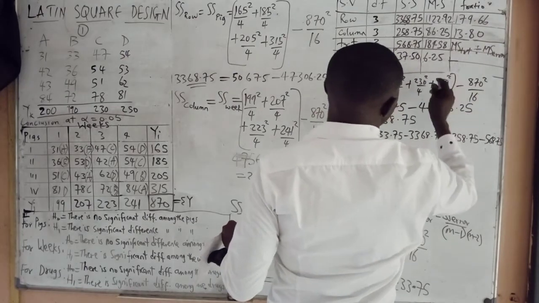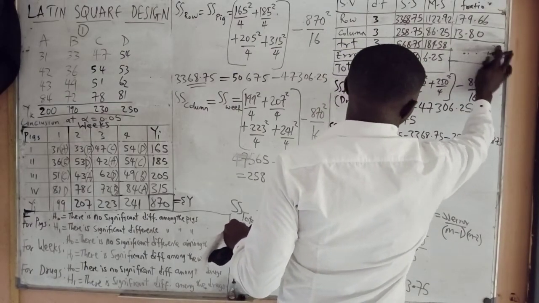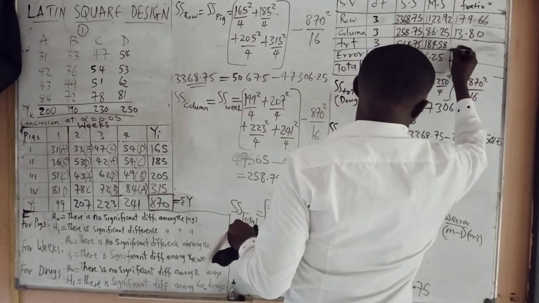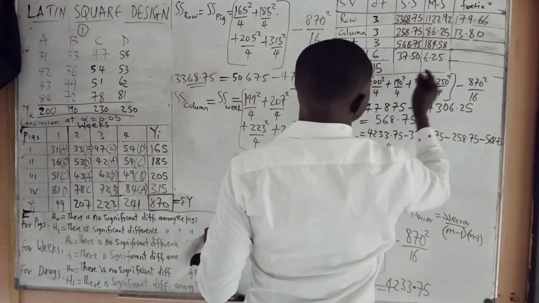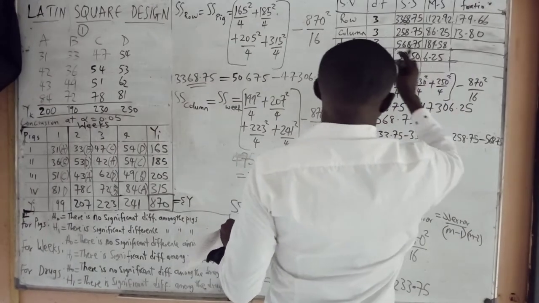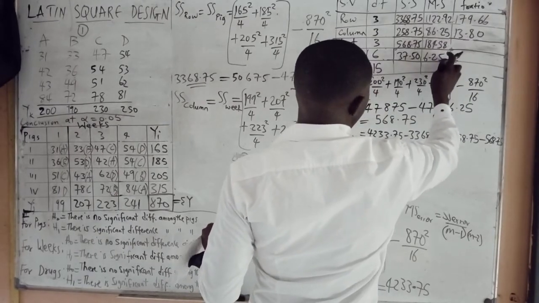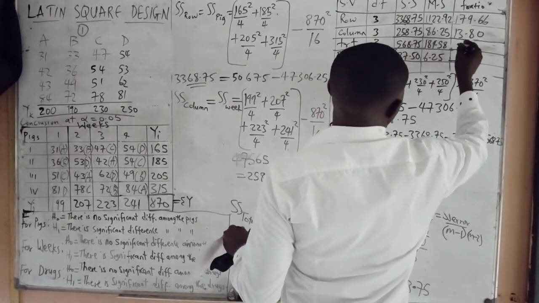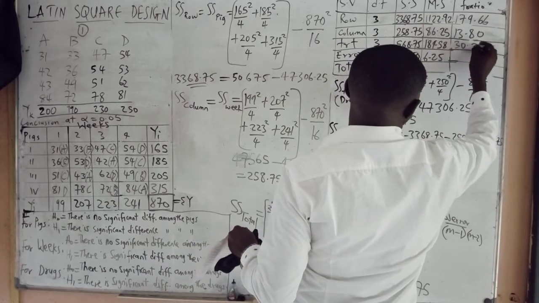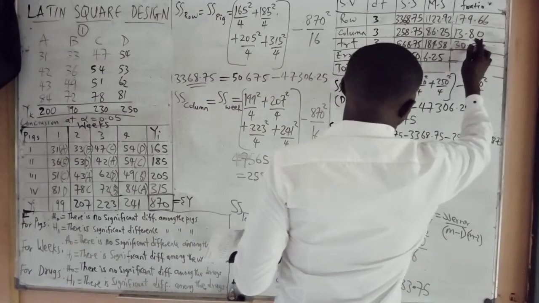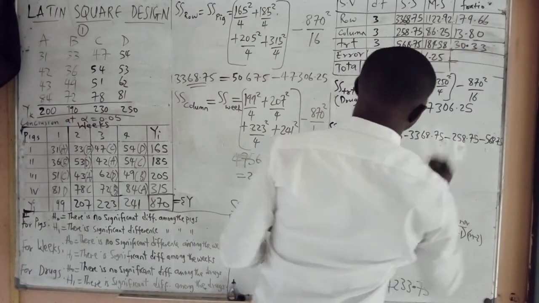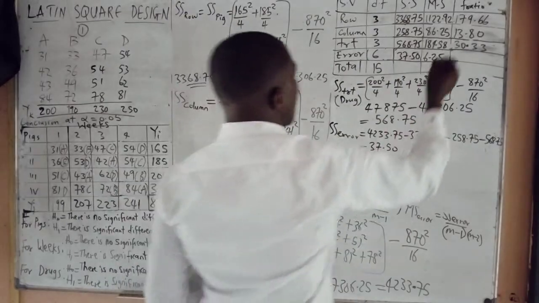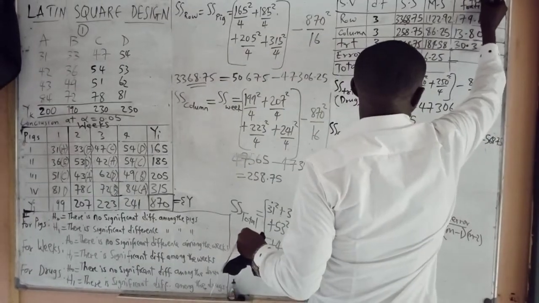Then when you divide MS treatment over MS error, it will be giving you 30.33. Okay? This is called F calculated.